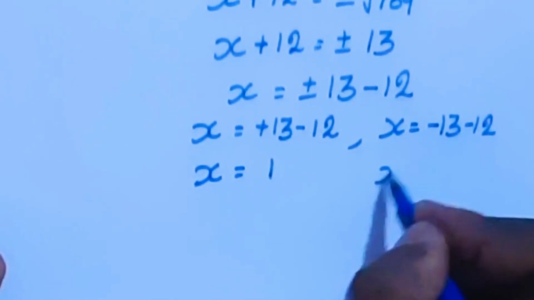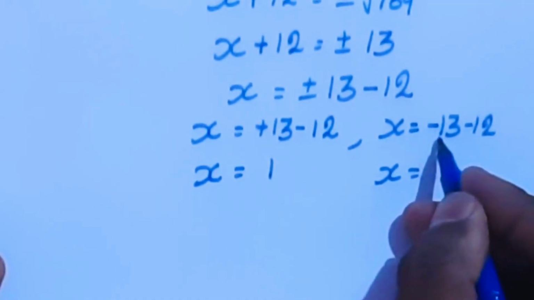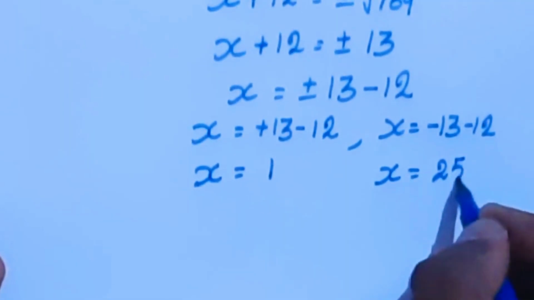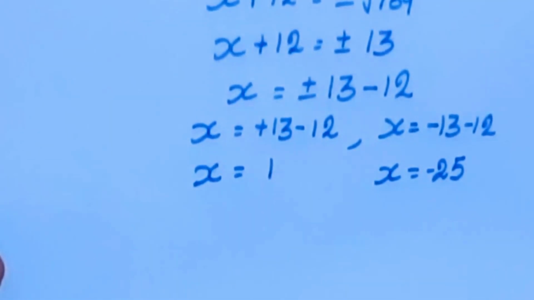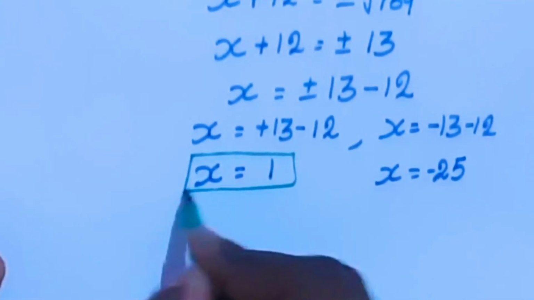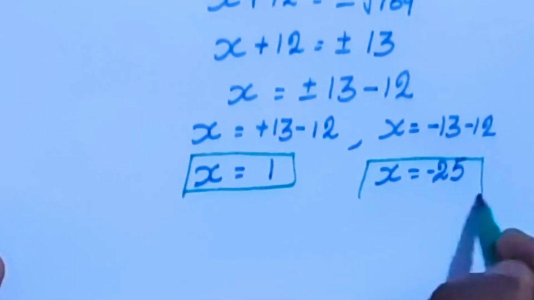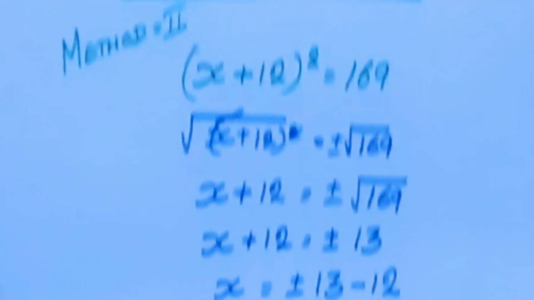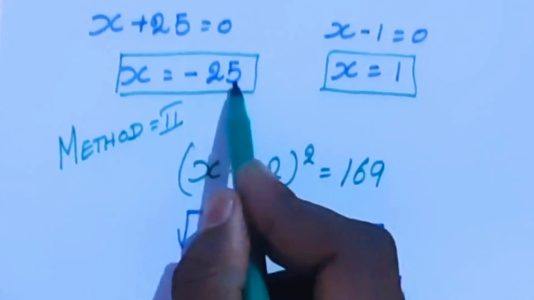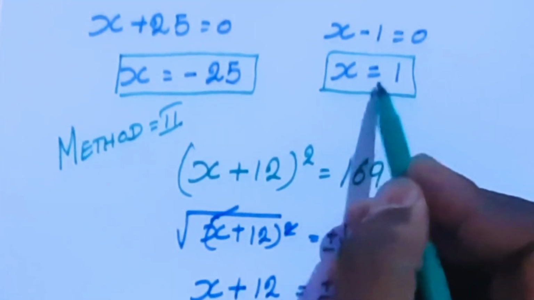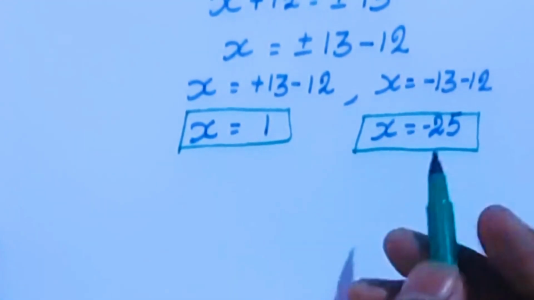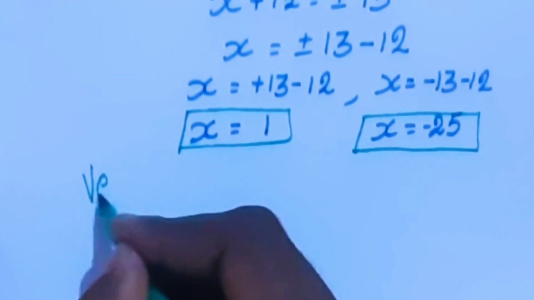Here x = −13 − 12 is −25. These are the answers in the second method. Now we have found the same as in the first method: x = −25, x = 1. Here the same. Now we are going to verify this.